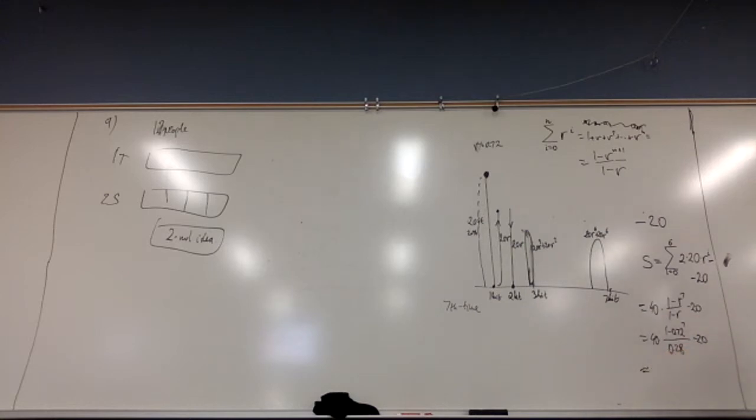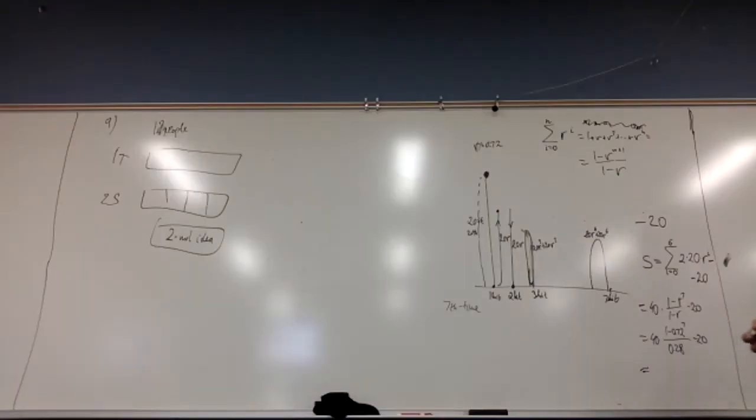Then you put it in the calculator. Does anyone have a result? I will post the solution, but does anyone have it? I think it was 108.53 or something like that. Okay, 108.5. Yeah, that's it. Thank you.